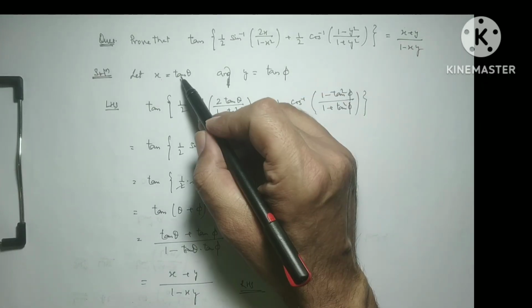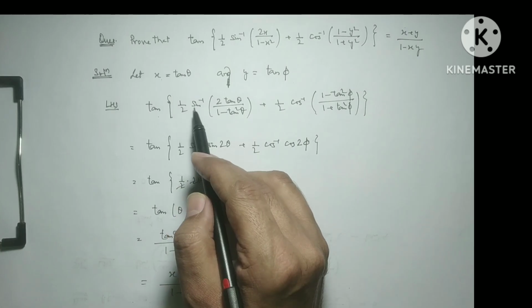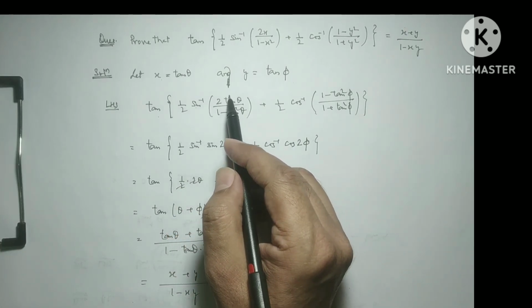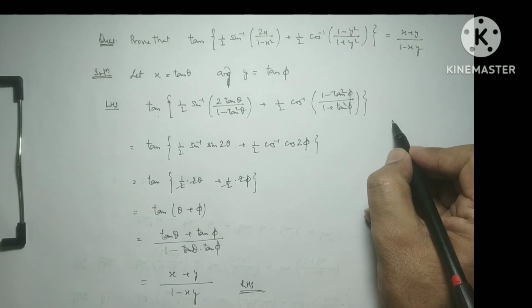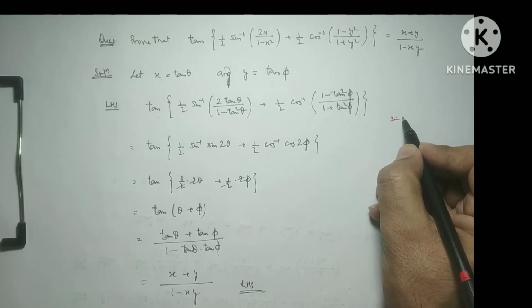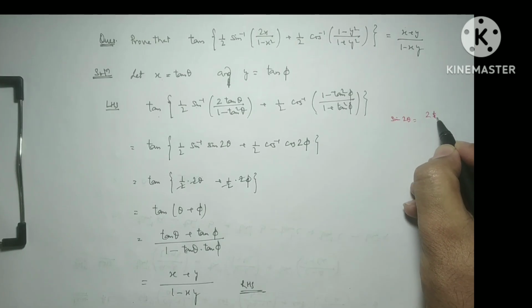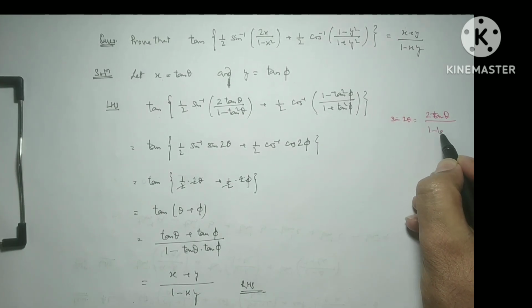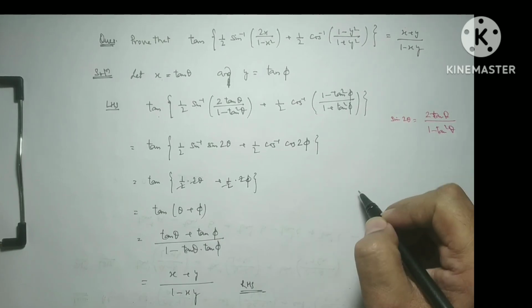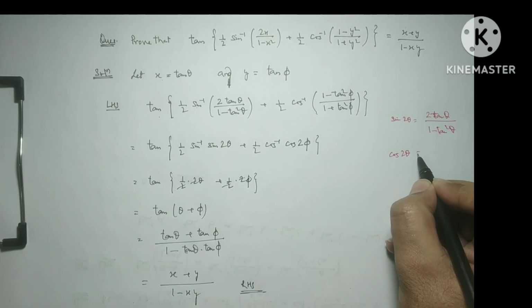So on putting this value in this expression, we get tan of half sine inverse this, and in terms of tan, we have the formula of sine 2 theta. Sine 2 theta is 2 tan theta over 1 minus tan square theta, and in the same way we have the formula of cos 2 theta.